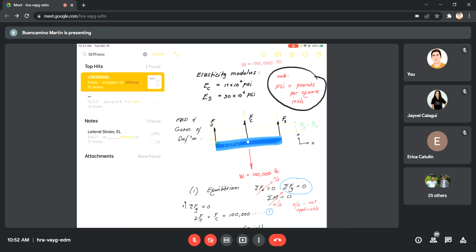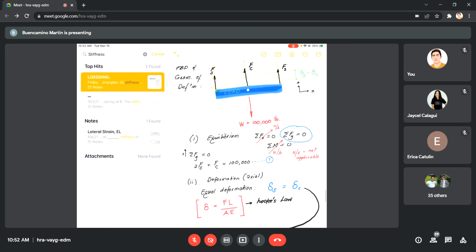When I solve, I do not write the unit first as I go along with my solution, but I'm very mindful of my unit in my final answer or result. Okay. So this is the first equation to consider.